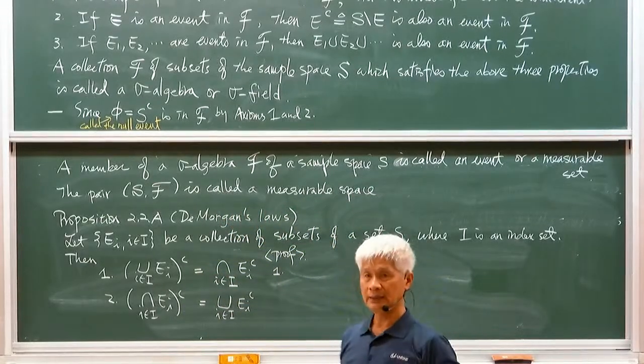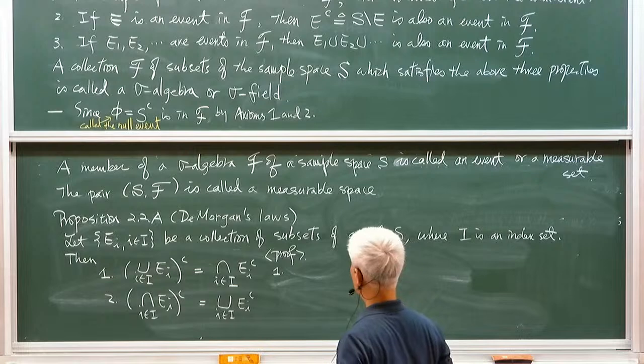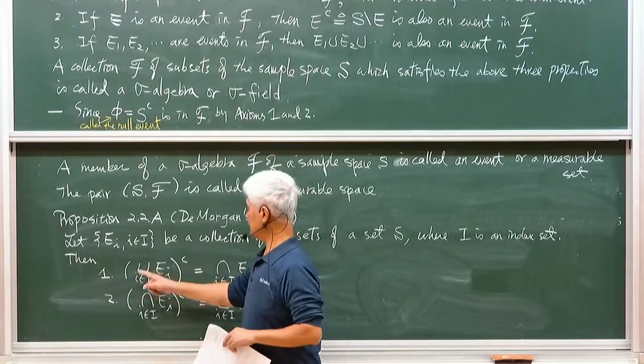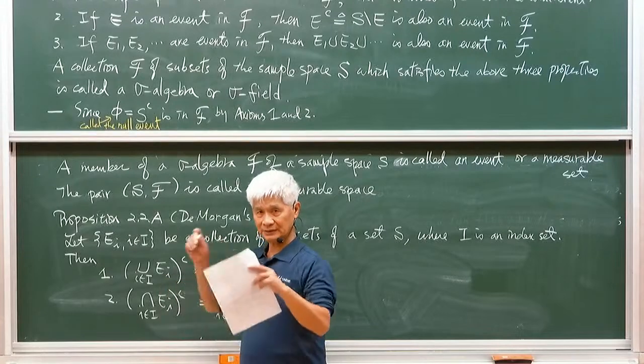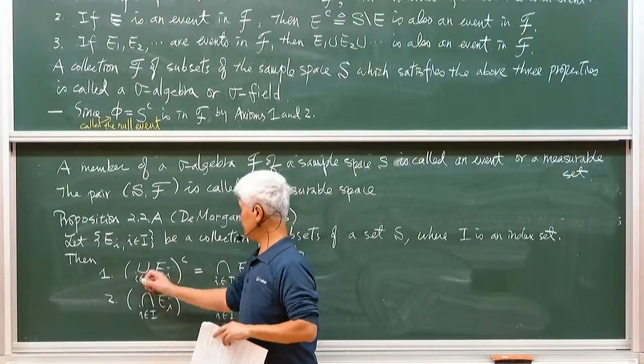Can you briefly explain what those symbols mean? Oh, this is the union of all the E_i, the union together.